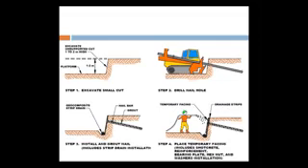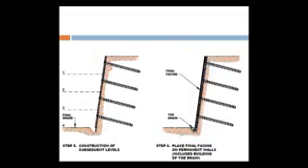Place the temporary face reinforcement, that will be seen after that. After that, the fifth step is construction of subsequent levels. Level by level we can construct it. And the final step, place the final facing over that nailing.